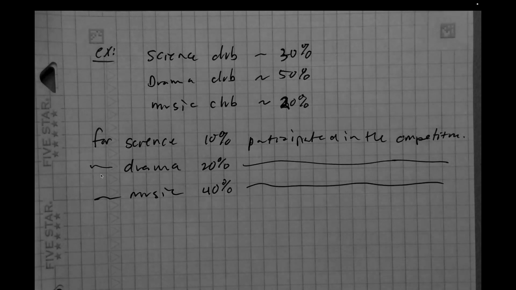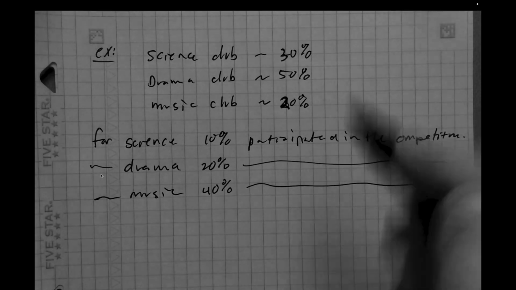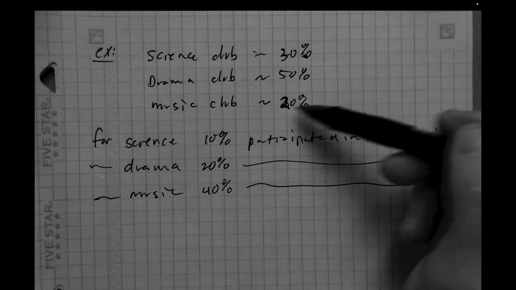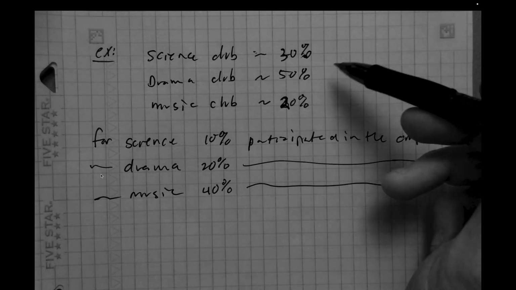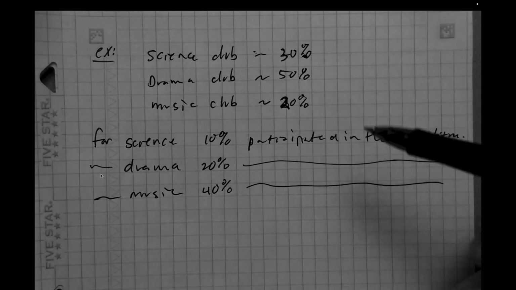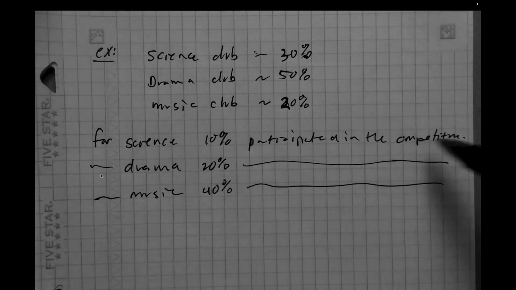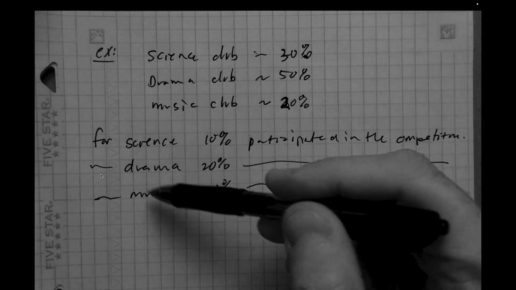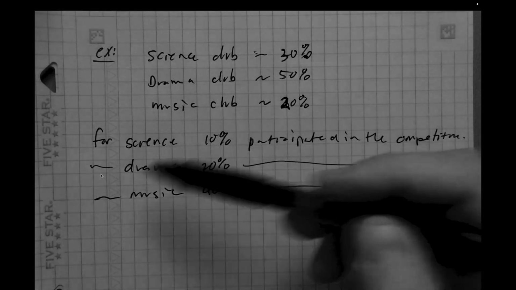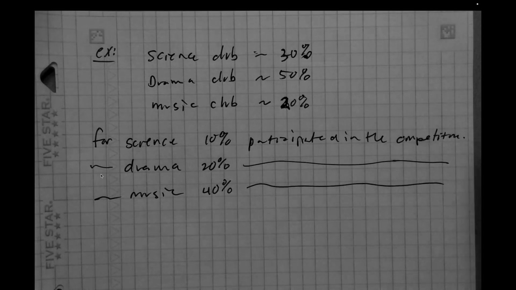So you've got the science club, the drama club, and the music club. And 30% of the students are in science, 50% are in drama, 20% are in music. Now they had this big competition, and if you were in science, 10% of them competed. For the drama kids, 20% of them competed. And for the music kids, 40% competed. Okay, so you got this kind of setup.